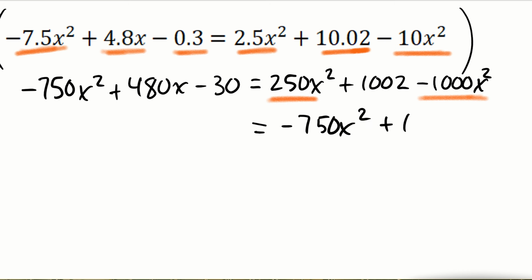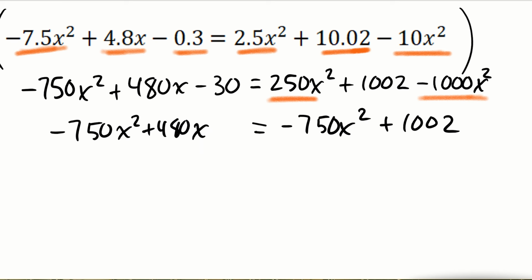I said conveniently because over on the other side I had positive 750 x squared plus 480 x minus 30. Because these are exactly the same, I can add 750 x squared to both sides.